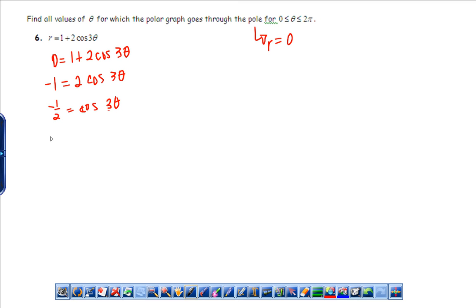So if we move our cosine over, then we have 3 theta is equal to the arc cosine of negative 1/2. Okay, so now we can draw a triangle and figure out where we have arc cosine of negative 1/2. And that's going to be right here.